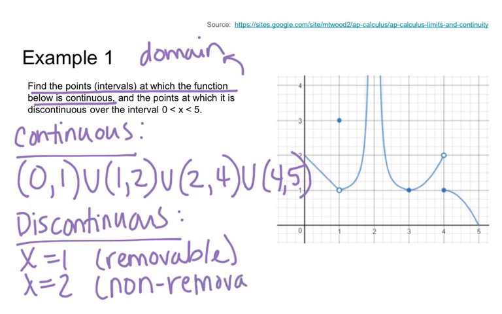And you can still put vertical asymptote and hole. That's probably a really good thing to practice. But the overall answer is just, is it removable or non-removable? And then the last one, as we approached 4, there's this gap here. We call that gap a jump discontinuity. So that's going to be at x equals 4. And jump discontinuities are also non-removable.